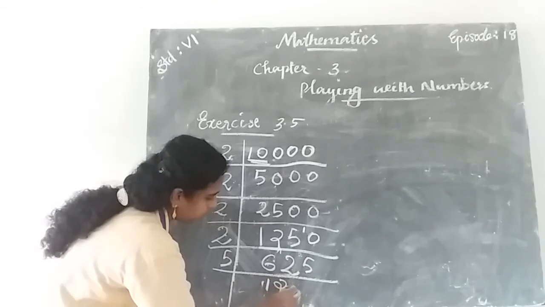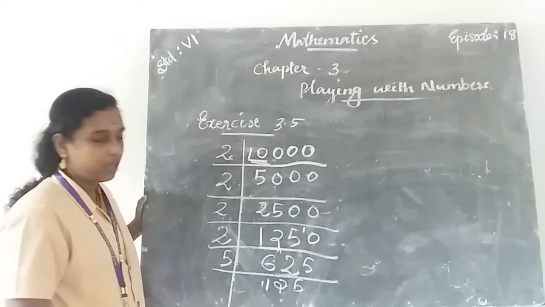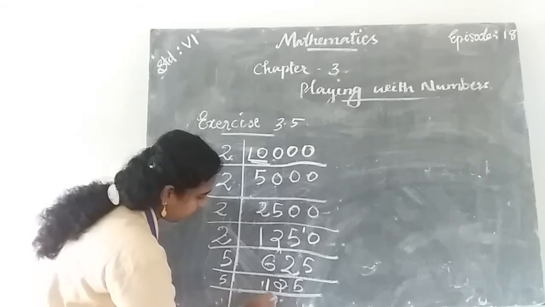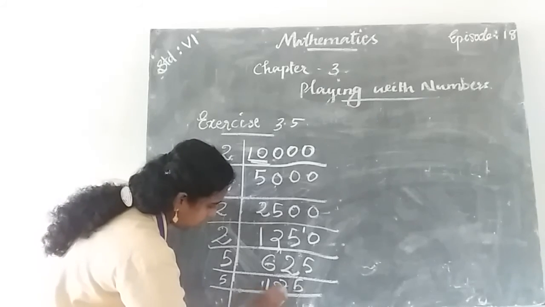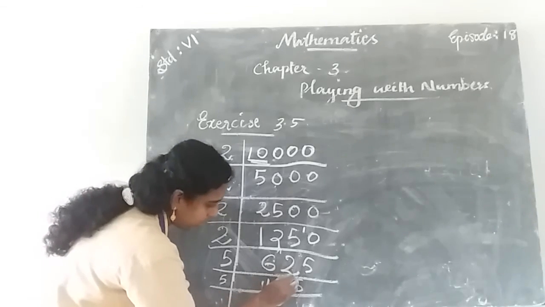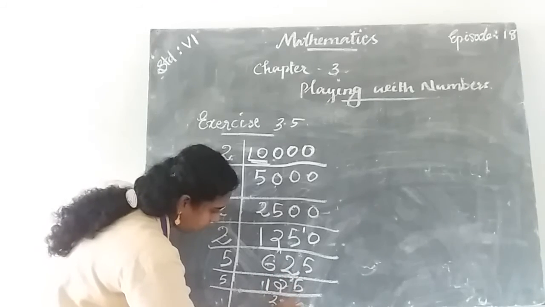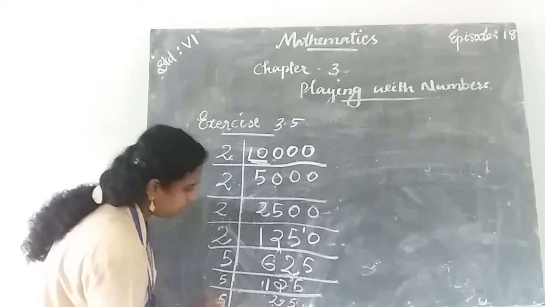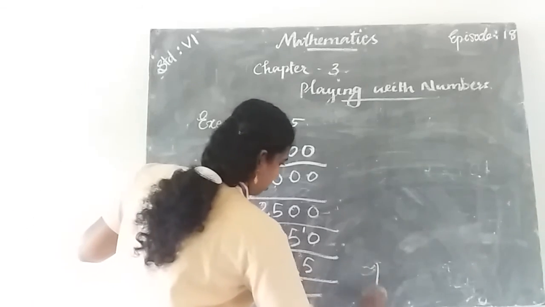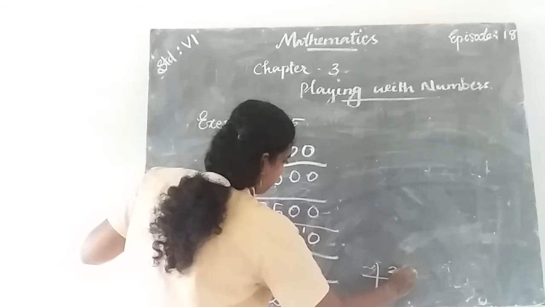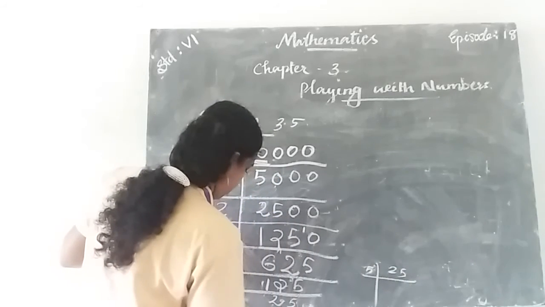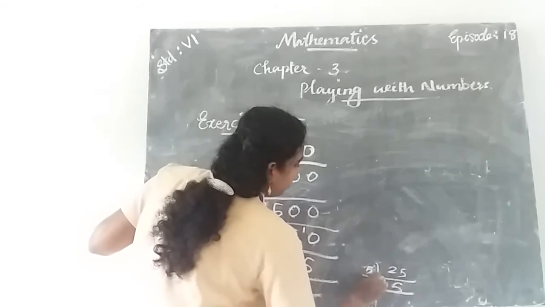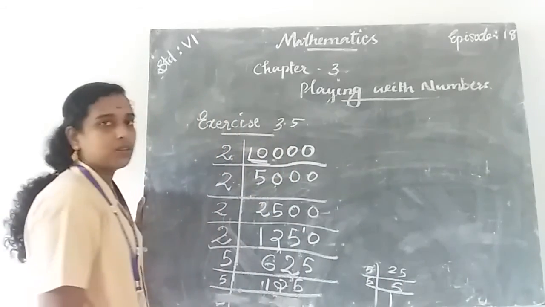So 25. 5 5s are 25, so it is also divisible by 5. We get 5, and 5 5s are 25. So we get 1.